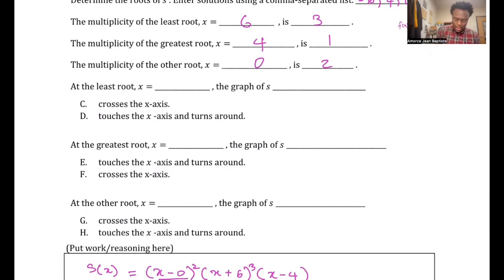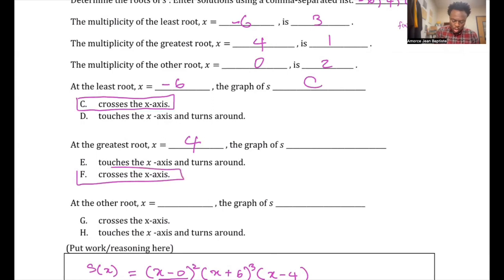So at the least root, you have -6 here, and then you have a cross because it's odd. So that's C. And at the greatest root 4, we have also a cross because it's odd, 1.